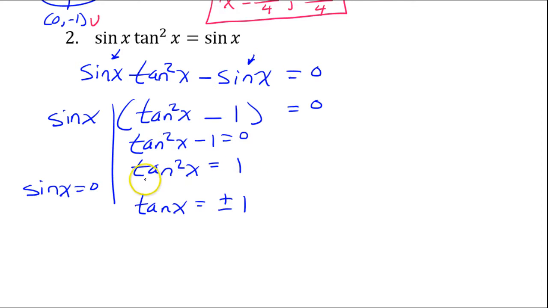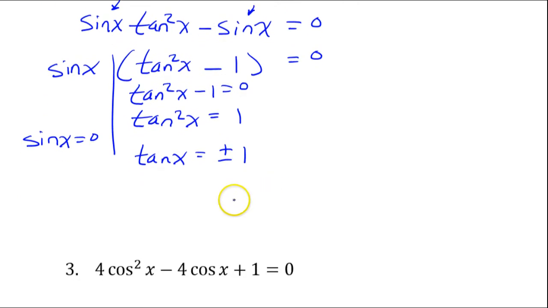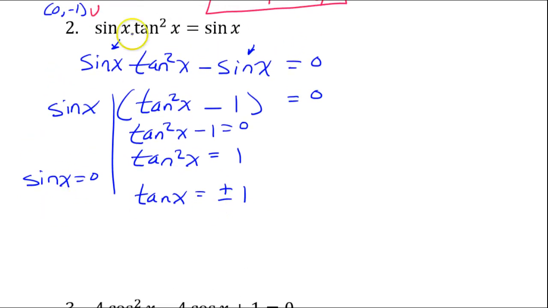Don't forget, when you take the square root of both sides, the solution can be positive or negative. Alright, we'll get more solutions that way. Now let's talk about the actual answers. So, sine of what angle is 0? Think about the quadrantal angles here.